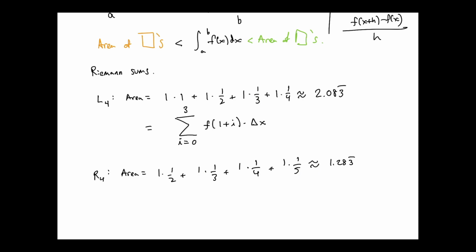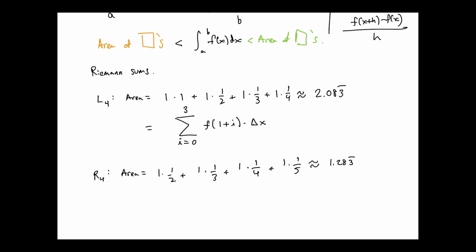Now, let's talk about what I mean here. What is delta x in our particular case? Change in x. How wide were our rectangles? In this particular case, they were 1. Did they have to be 1? No. We just chose that for convenience.